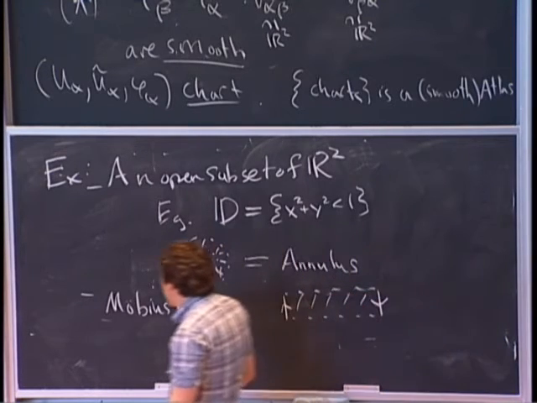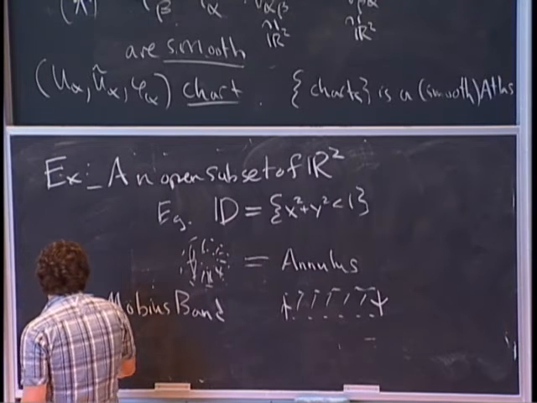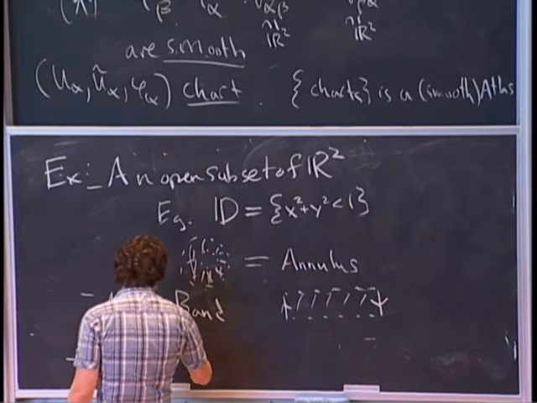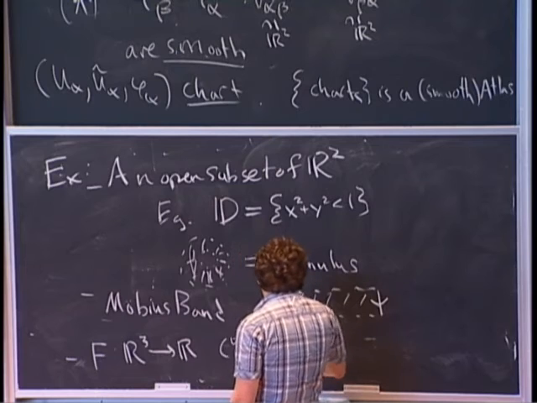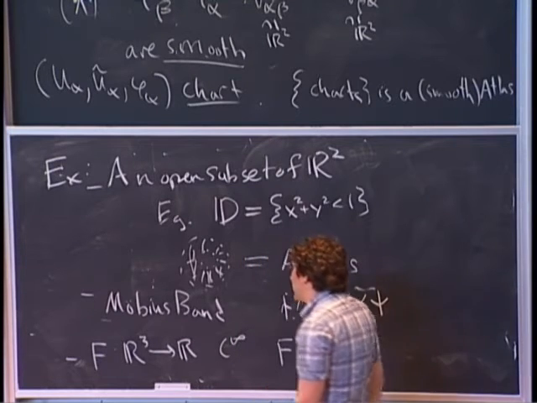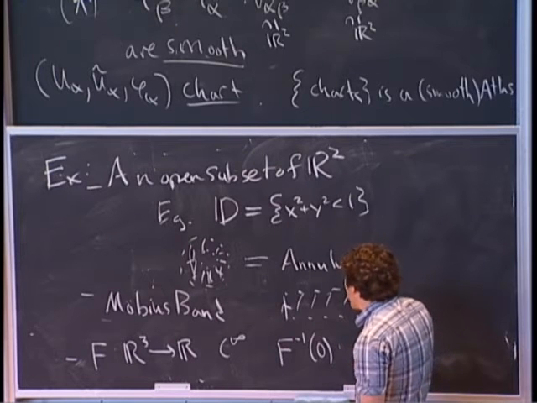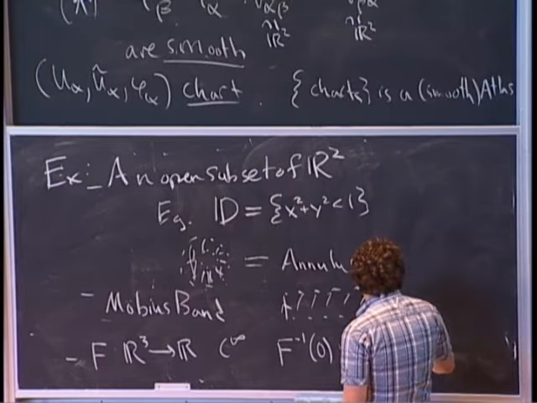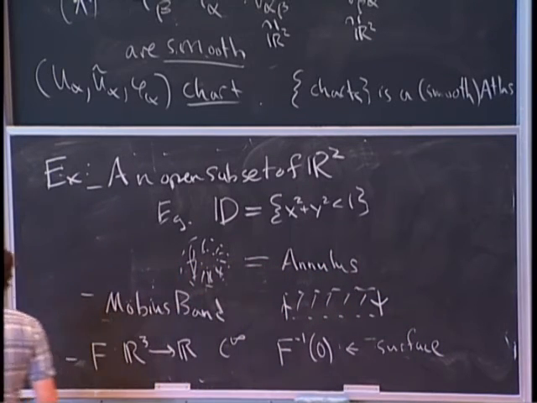And then, going back to this intuitive notion, if you take a function f from R3 to R, which is C infinity, and 0 is a regular value, so that the derivative of f is surjective, then the preimage of 0 will be a surface. So that gives us lots of examples.